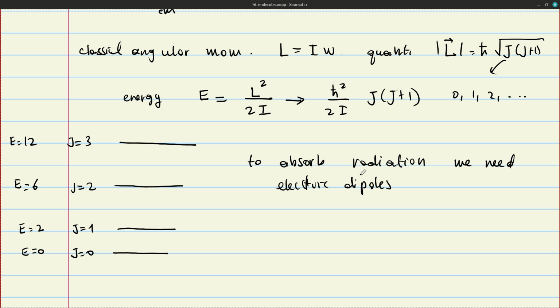So you can only do this with molecules which have a non-zero electric dipole. And these dipoles are going to give rise to selection rules. And what is a selection rule? You have to go from one state to another, and it has to have delta J equal to plus or minus 1, right? Because the light comes with angular momentum. You don't have light without angular momentum, right? Then for you to have an absorption of light, you need to have this selection rule.